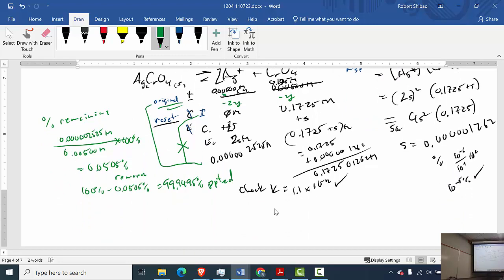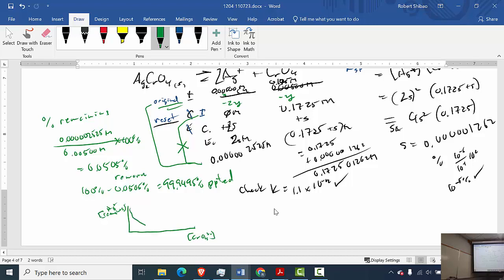Now, to get 100% precipitation, maybe we need to add more chromate. And we could. And so if we look at the amount remaining, and we look at it based on the chromate, so this is the silver ion remaining.